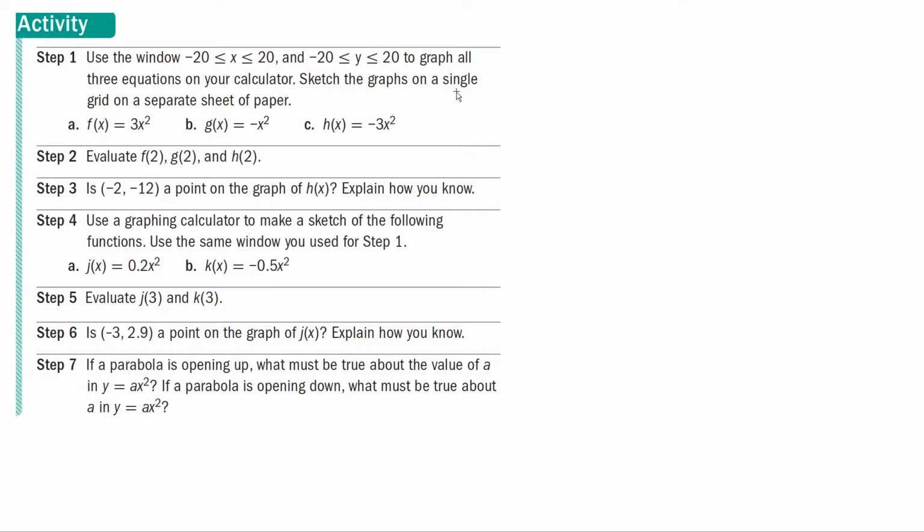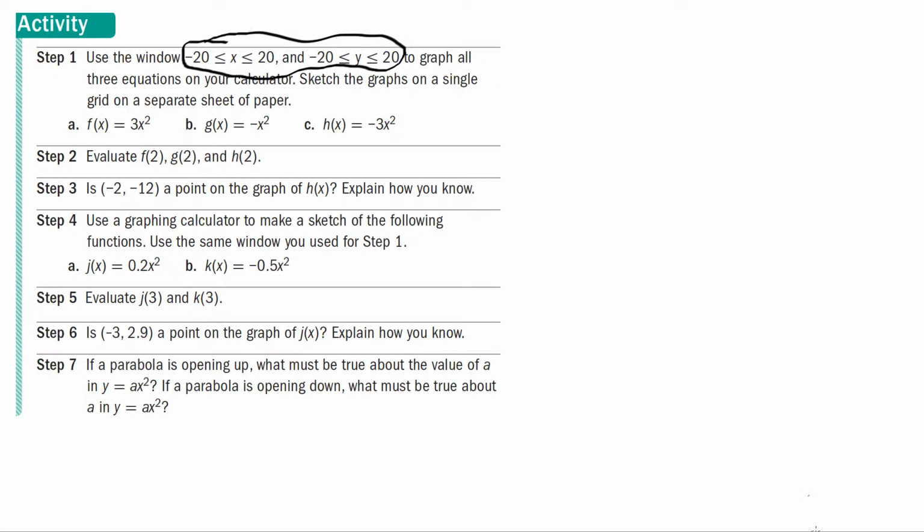When you do the sketch, I would like to see the graphs, and I'd like to know what the window looks like. So this window information should be represented in your graph somewhere.